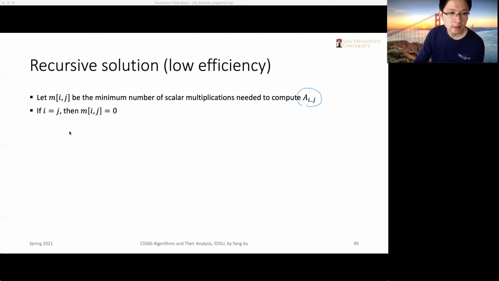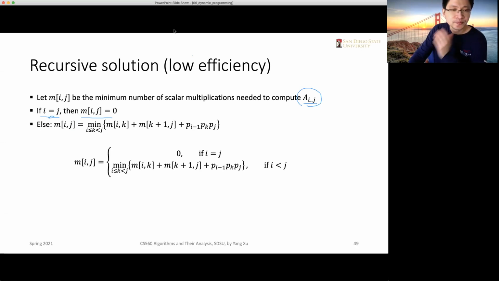If the ending index is the same as the starting index, there's just one matrix and no multiplication is needed, so Mij would be 0.